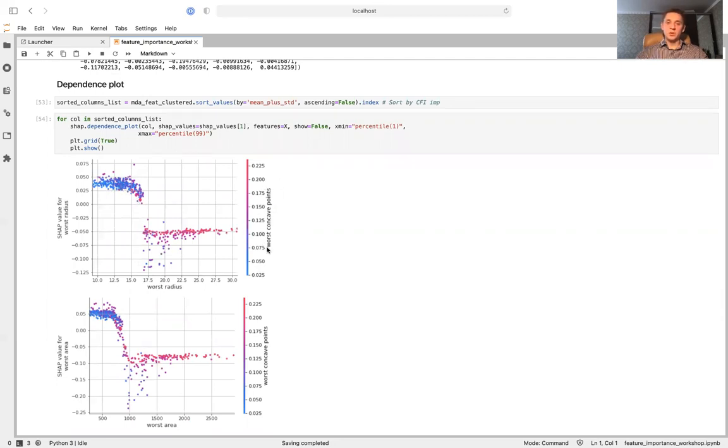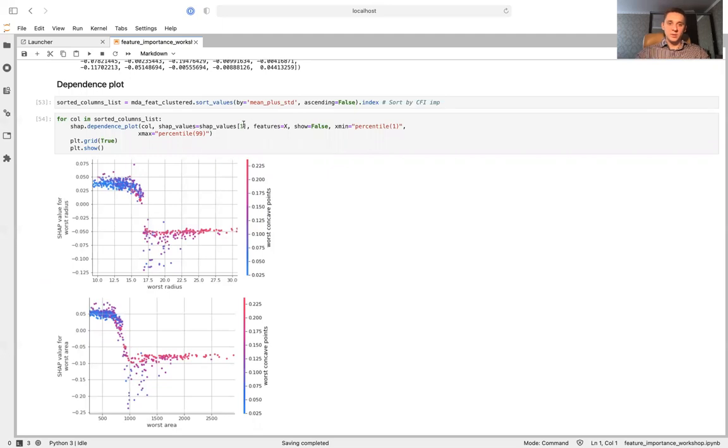This is the feature which interacts with worst radius in the most cases, in the opinion of the Shapley algorithm. And here we can see the Shapley values for predicting the positive class. What we can see from this plot is that lower worst radius values will increase the probability that the class value equals 1, and high worst radius values will decrease the probability.